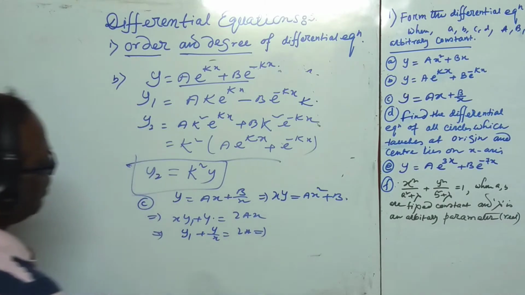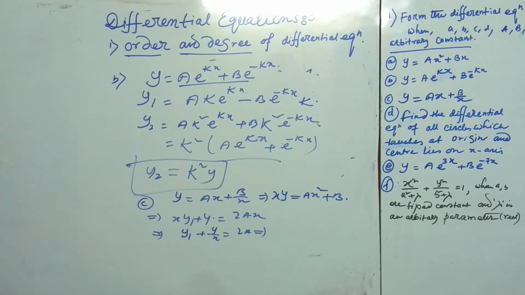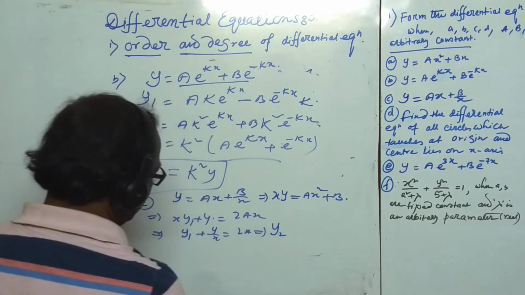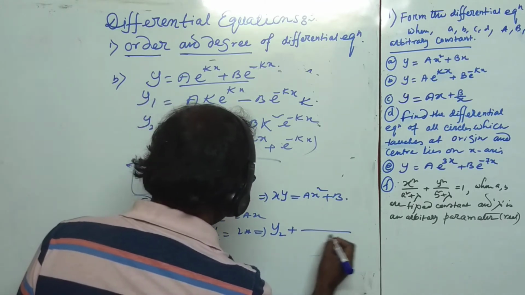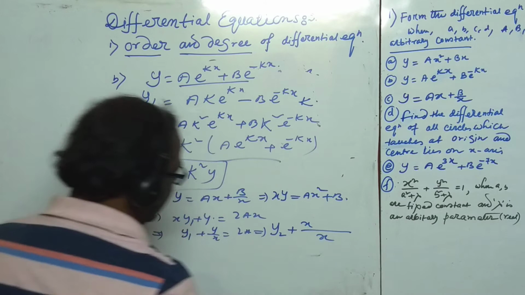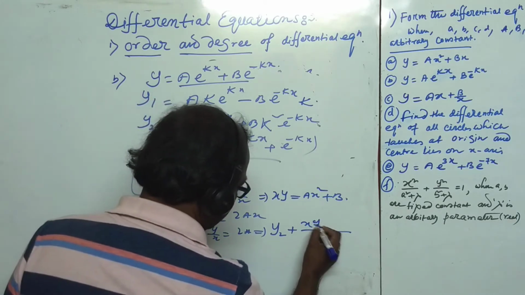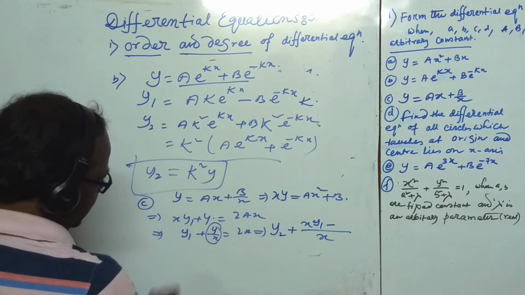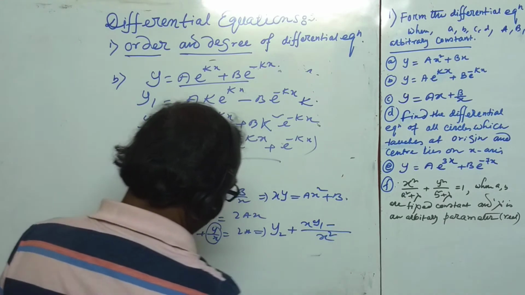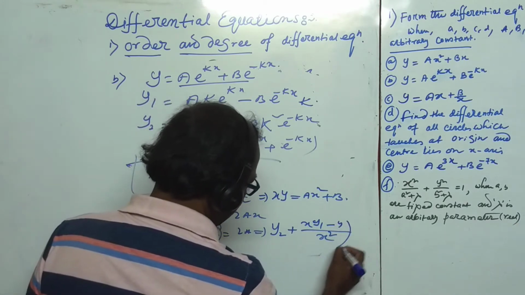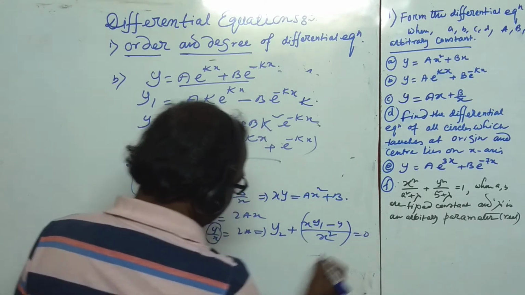Again differentiate, then we get y2 plus, differentiating this by u by v, x y1 minus y1 over x square, and this is equal to 0.